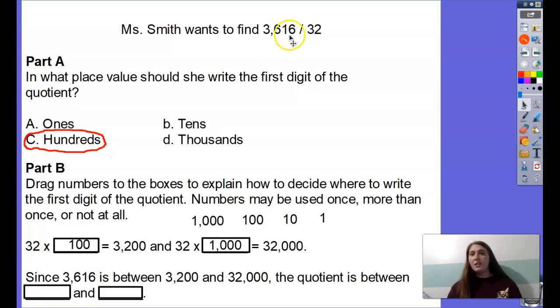Since 3,616, which is our dividend, is between the 3,200 and 32,000, the quotient is between two values.